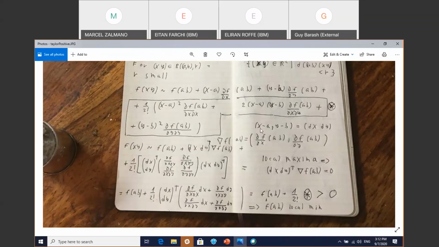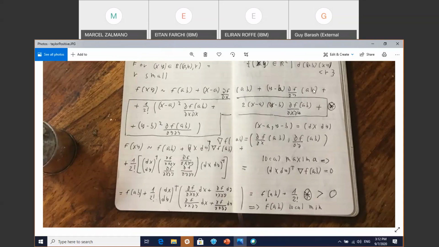So I denote x minus a, y minus b as dx, dy, and the partial derivative of f by x at (a, b) and by y at (a, b), this is the gradient of f at (a, b). And if we take the scalar multiplication of these two vectors, we get the linear approximation.